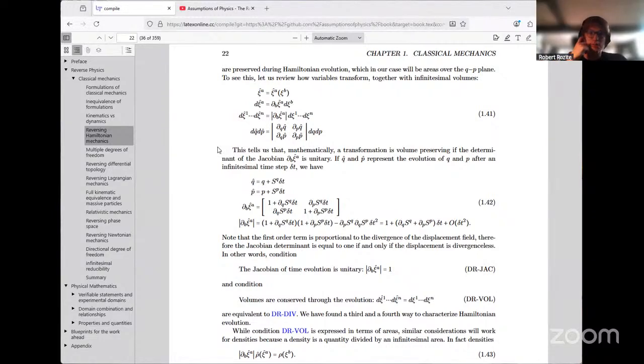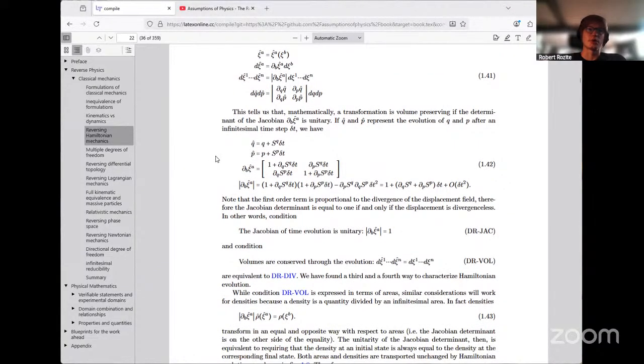This tells us that mathematically, a transformation is volume preserving if the determinant of the Jacobian is unitary. If q hat and p hat represent the evolution of q and p after an infinitesimal time step, delta t, we have: okay, so this is the new position, which is the old position plus a dq.